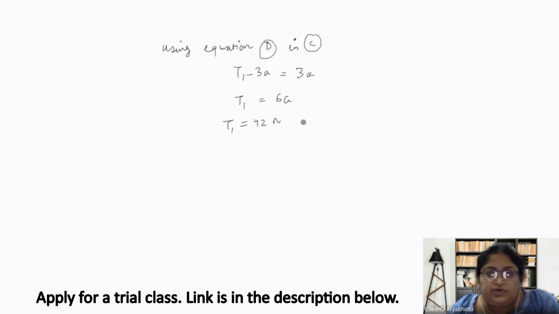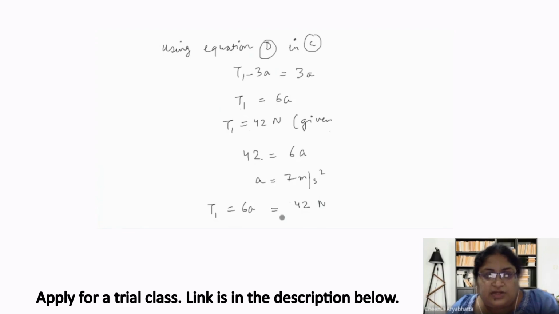It's given to us. So I can substitute its value here. 42 equals 6a. So a from here will be equal to 7 meters per second square. Now T1, which is equal to 6a, will be equal to 6 into 7, which is 42 newtons. This is already given anyway.